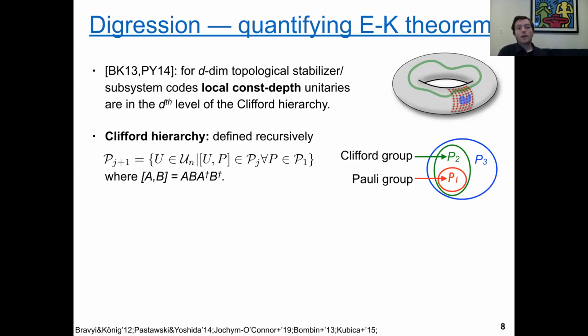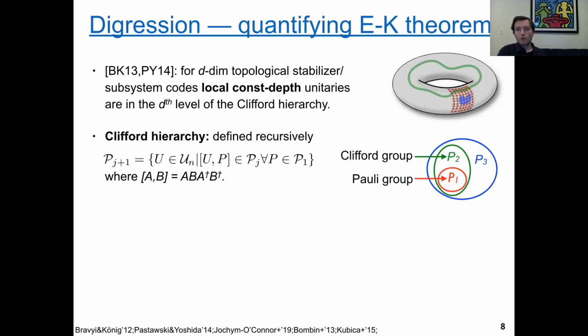The (j+1)th level of the hierarchy is defined as the set of all unitaries for which the group commutator of that unitary with a Pauli operator is in the jth level of the hierarchy. Let's see that this is consistent with the second level being the Clifford group. The Clifford group is defined as all the unitaries which take Pauli operators and map them to Pauli operators, potentially some other Pauli operators. And this is indeed consistent with the definition.